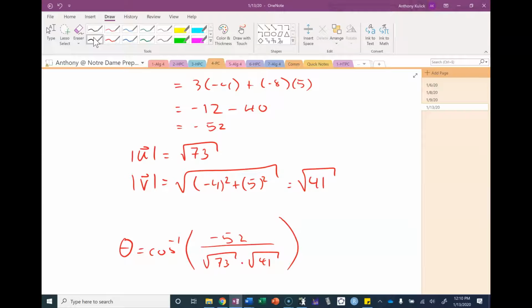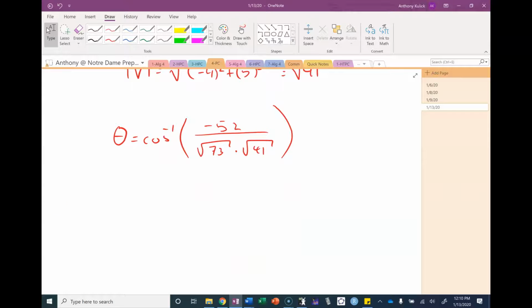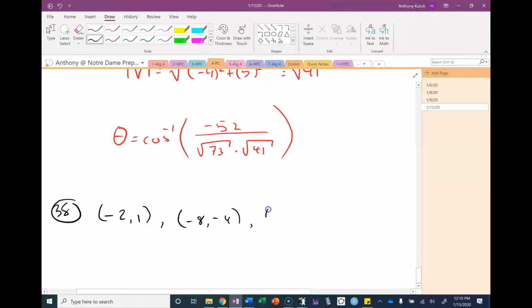Sure. So 38 says, given the vertices indicated below, find the side lengths and measures of the interior angles for the triangles below. This is just kind of a pain because there's a lot of work to do all these things. But it's all stuff that's doable for us.